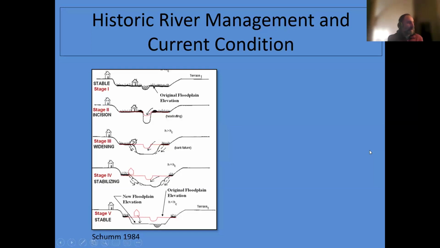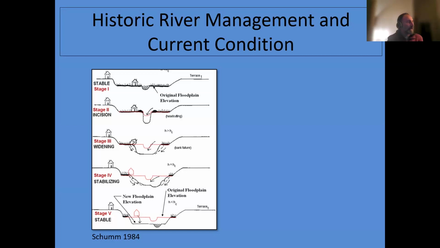And there have been consequences as a result with respect to the morphology and condition of our river systems. I don't know, maybe a lot of you are familiar with this. This is the Schumm channel evolution model. There are different versions of it. This one was 1984, but it shows what happens when we alter the riverscape morphology.